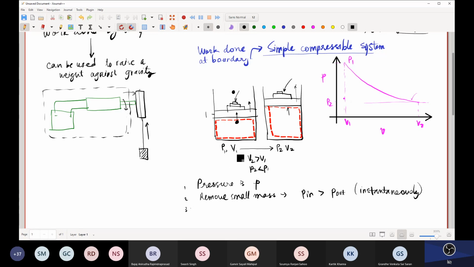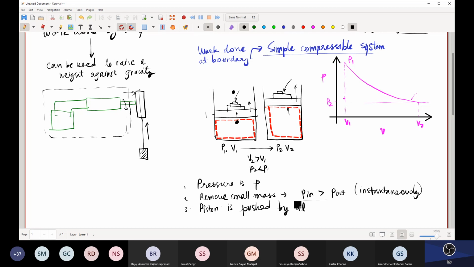Then what will happen? Because of this differential in pressure, the internal pressure will push against this piston assembly, and say the piston is pushed by a distance dl.